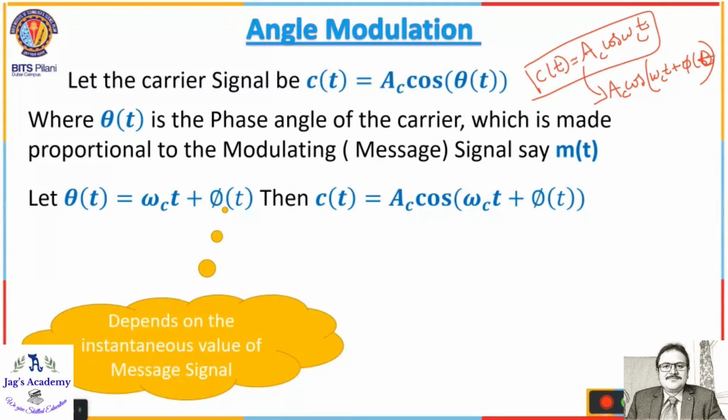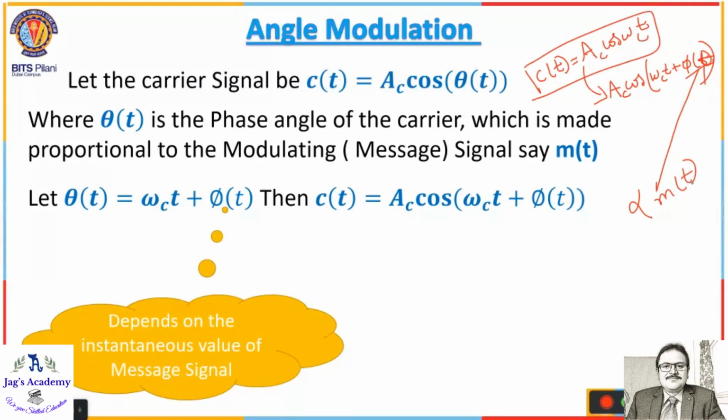Now where is the information about your message signal? Which component of this has the information of the message signal? This phi of t, right? I can exploit that. I can make phi of t proportional to m of t. And what is that m of t?